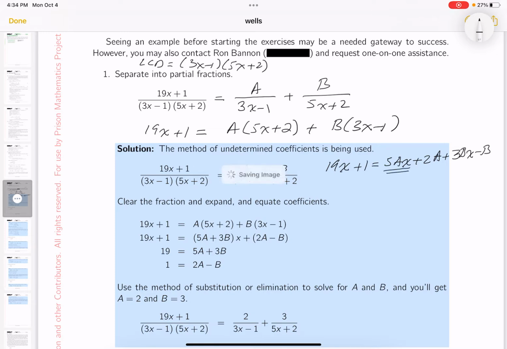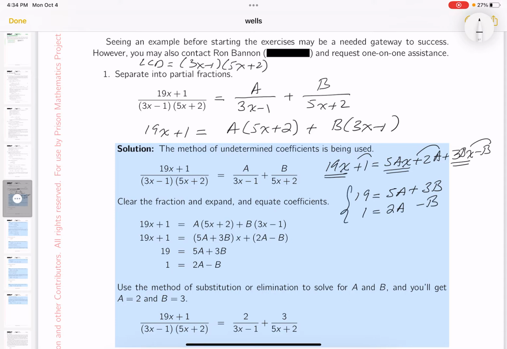That these two guys here better equate to that. Now what does that mean? 19 would be equal to 5a plus 3b. This equating coefficients. And this 1 over here better equate to these two constants here. I don't know what a and b is. So 1 would equal what? 2a minus b.